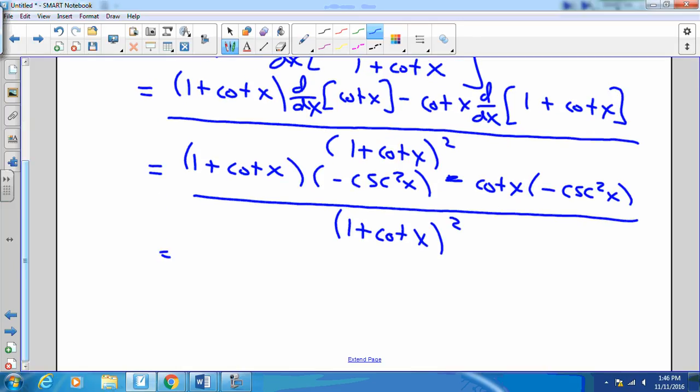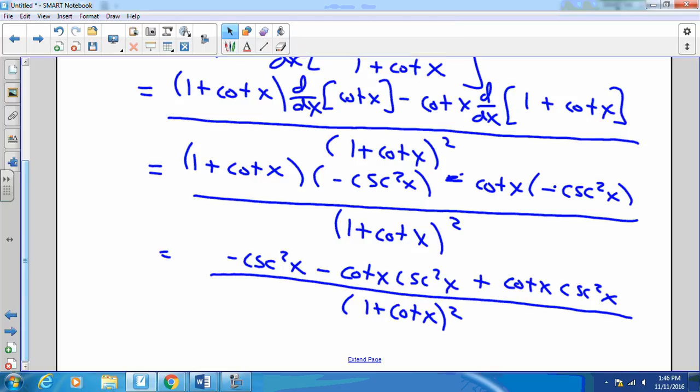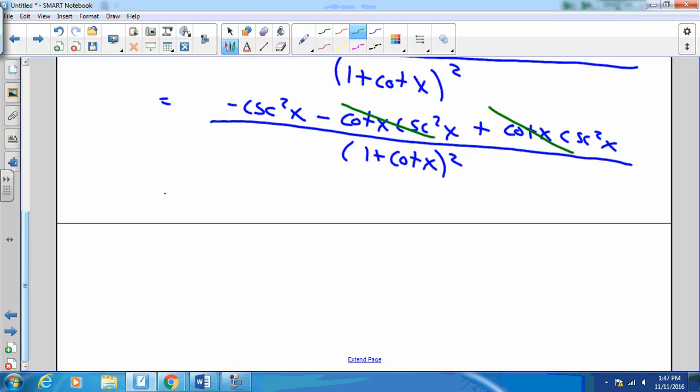We need to simplify here, and so we get negative cosecant squared x minus cotangent x cosecant squared x plus cotangent x cosecant squared x all over 1 plus cotangent x squared. And we observe that we have like terms that cancel out. So we get our answer.